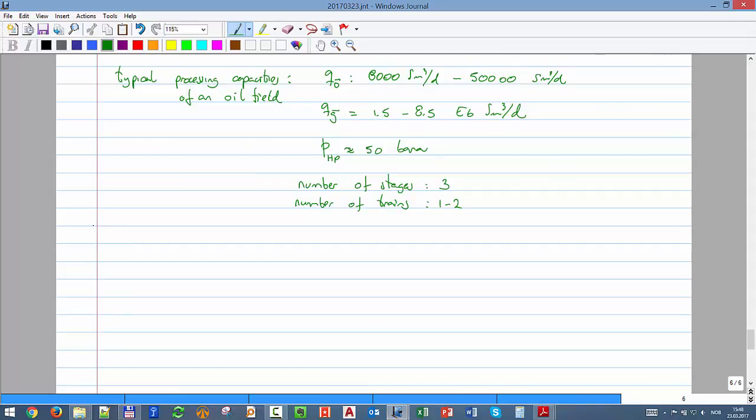Okay, so let's see how processing facilities affect the field design process. One of the most important things is the pressure of the first stage separator.